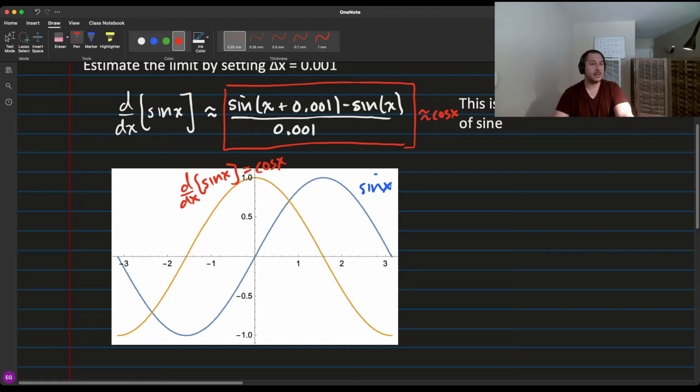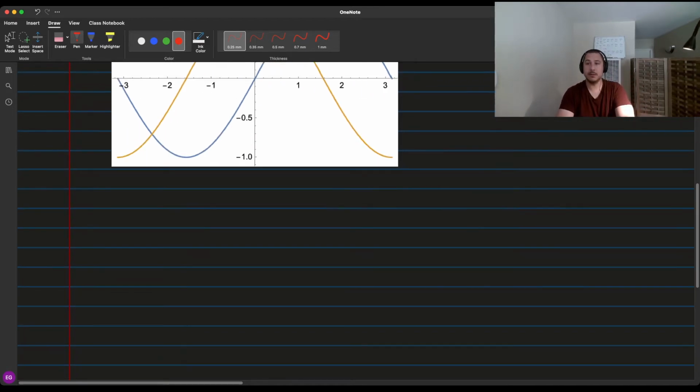Okay, so we're going to figure out how you actually calculate the limit and get cosine. Does that make sense to everybody? So let's do that.